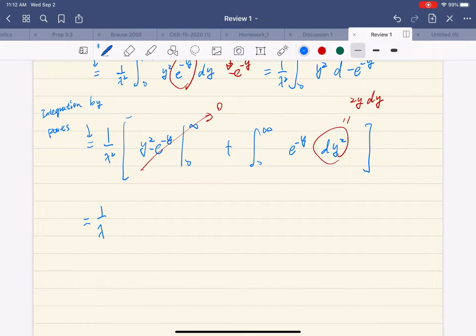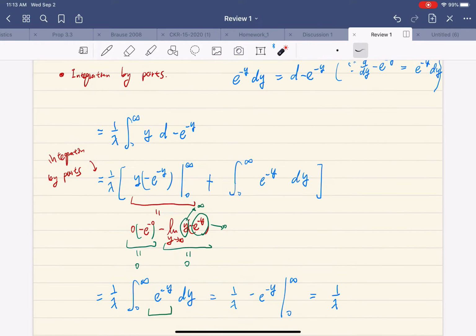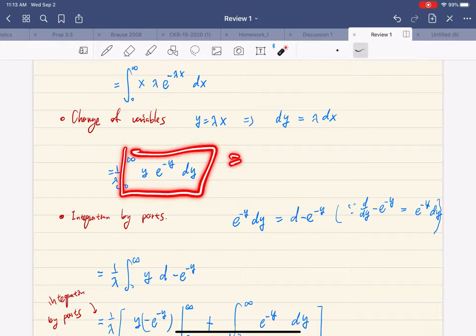So we have 1 over lambda squared times the integral from 0 to infinity of 2y e to the negative y dy. Okay, so now we want to integrate this one. And you can see this term is exactly the same as the earlier term, and we have already found that this term is equal to 1.